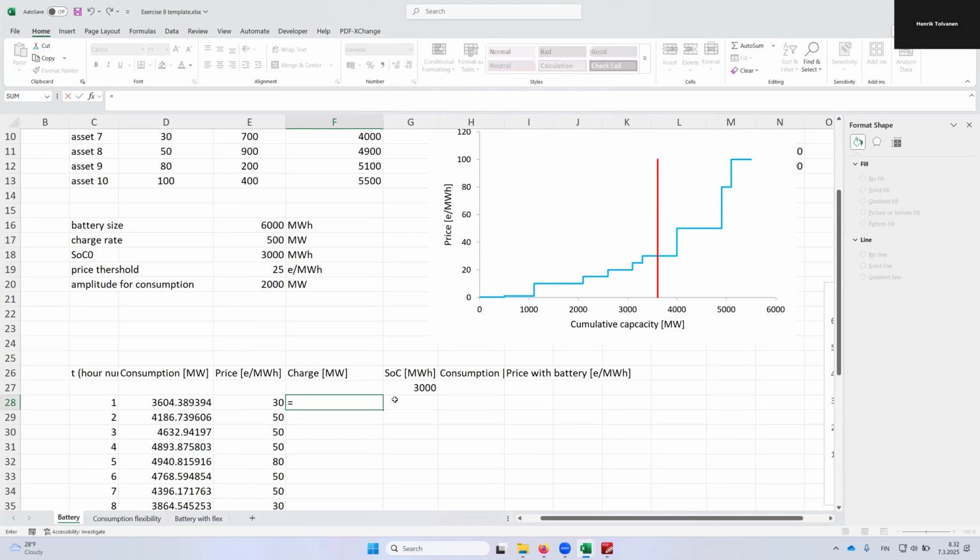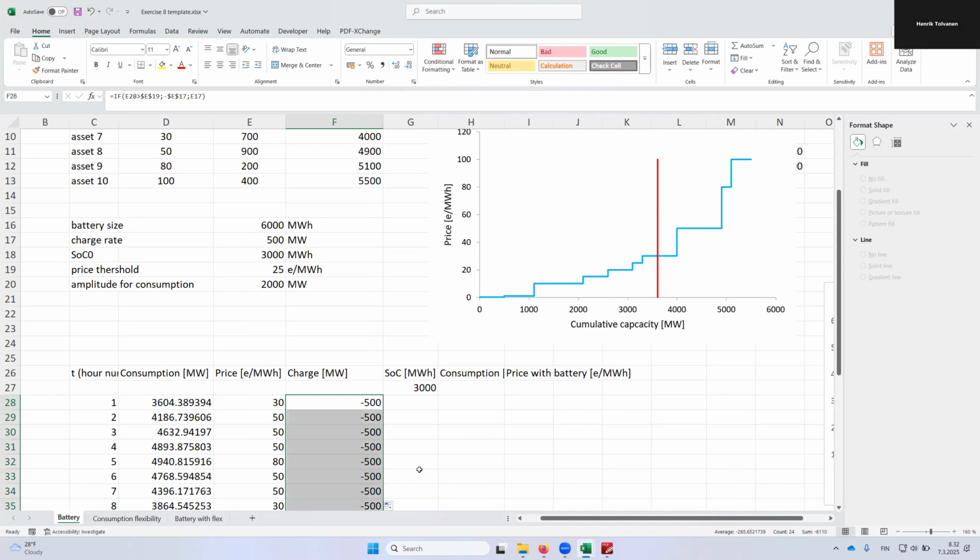So let's make it in a way that we have an if statement in here. So if the price is going to be above 25, and this is going to remain constant, then it's going to be minus. So we're going to discharge, and otherwise we're going to charge. Let's see if that seems reasonable.